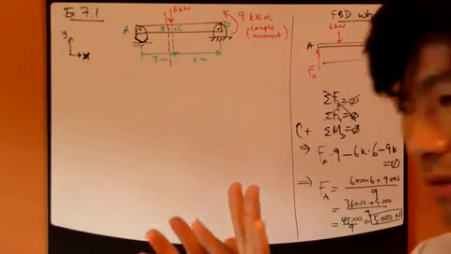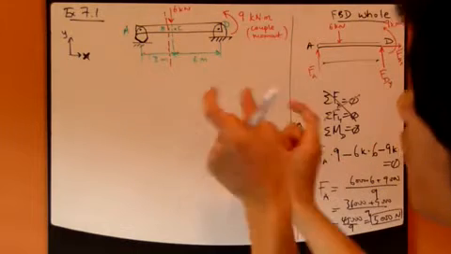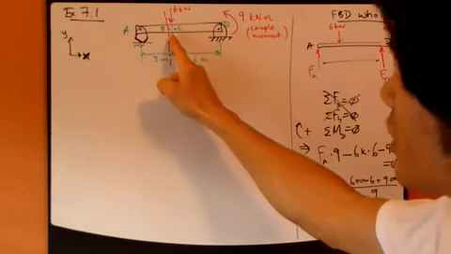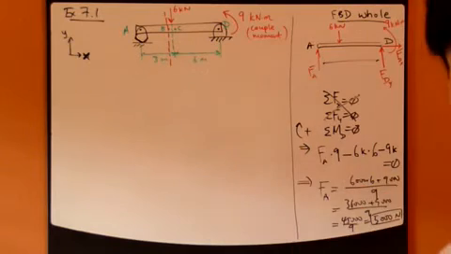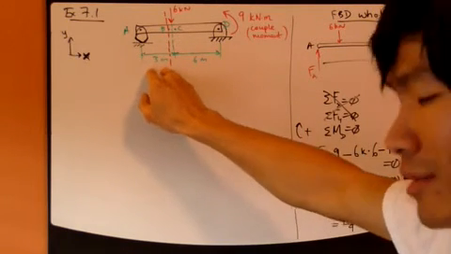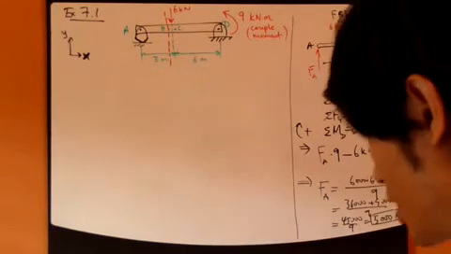Immediately left of it. Now I have drawn B to be quite far from it, but really, we're interested in looking at what's going on just to the left of it. So this distance, 3 meters, will still apply. Although it's slightly less than that, we can still apply 3 meters.